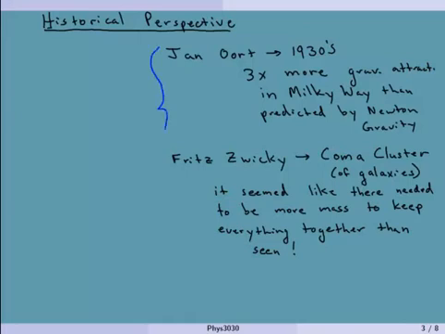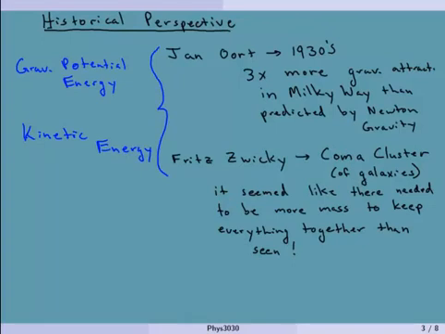Both of these ideas relate to the interplay between gravitational potential energy, which we've talked about a little bit, and kinetic energy. Gravitational potential energy is the energy you have from the force of gravity.